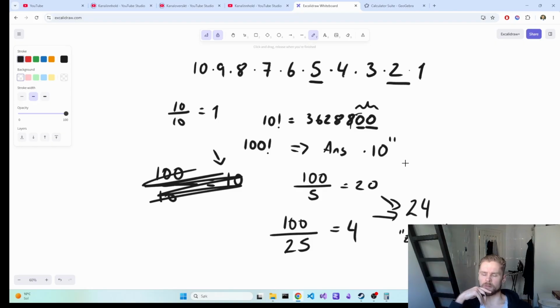So I got more 2s than 5s. And then 25, I gotta count that extra 5. Yeah, 24 makes sense. There's nothing else that can make a pure 10.